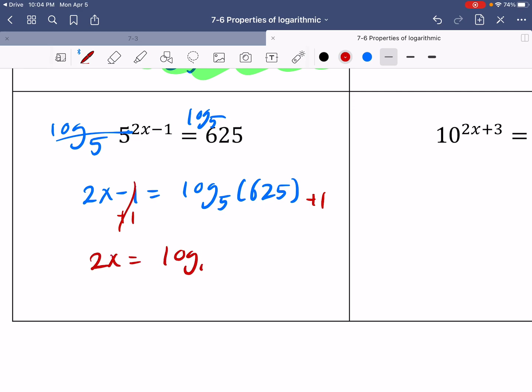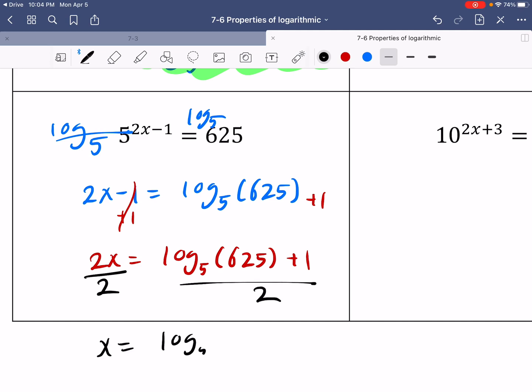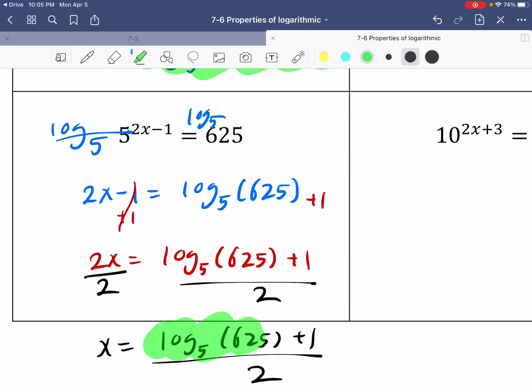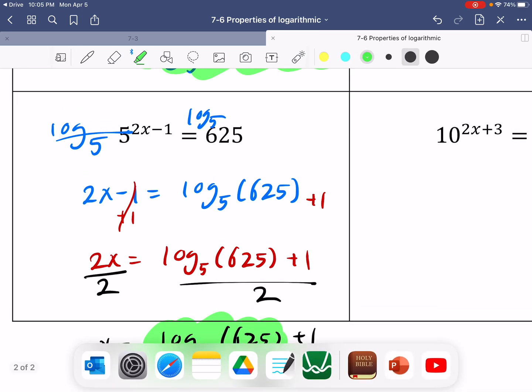You will get log base 5 of 625 plus 1. And if you divide by 2 on both sides, you will get x equals log base 5 of 625 plus 1 over 2. Okay. For you, let me just put this one into the calculator. Log base 5 of 625.